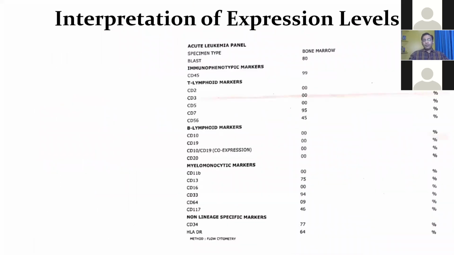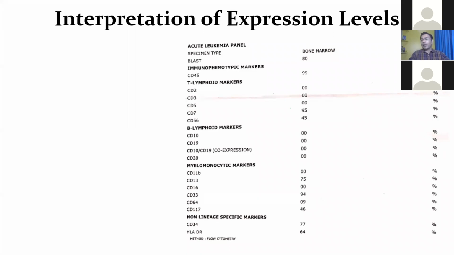Unfortunately, we still see this type of report from different laboratories. These reports are not totally wrong, but there is a limitation: you don't know the expression level. You see only the percentage of a particular marker.